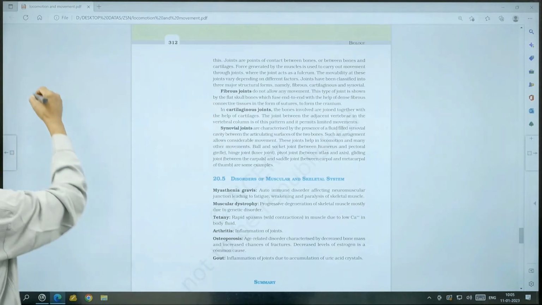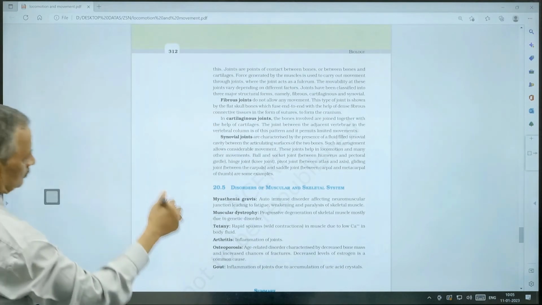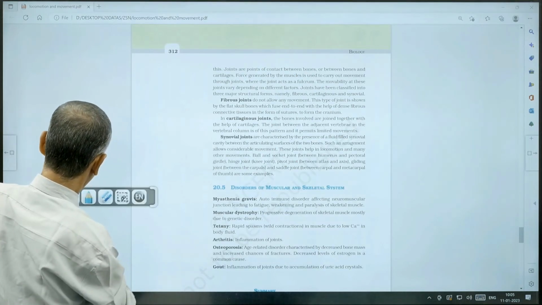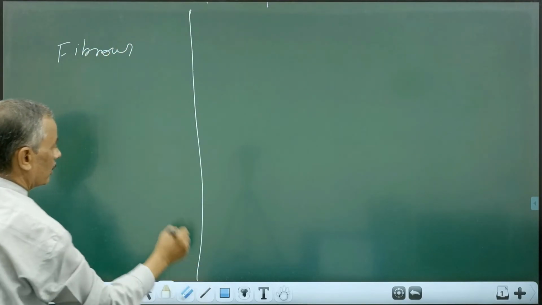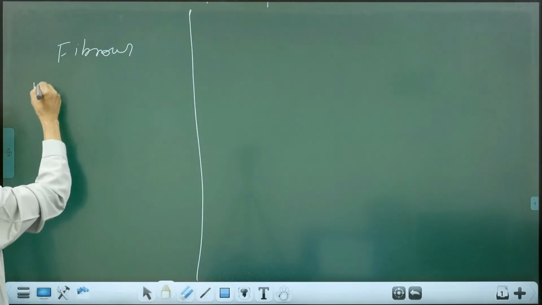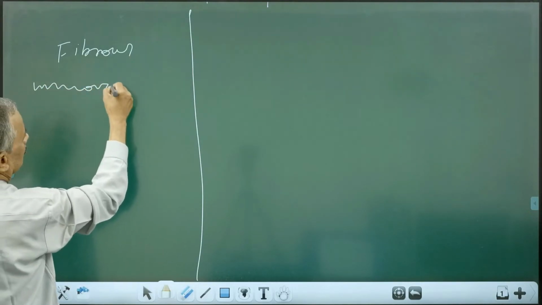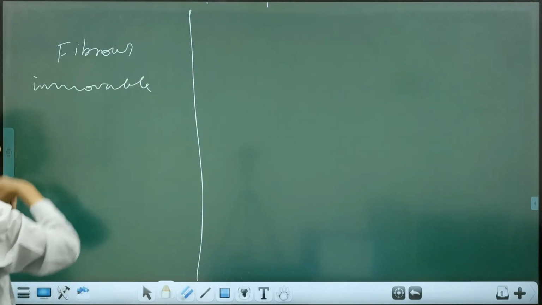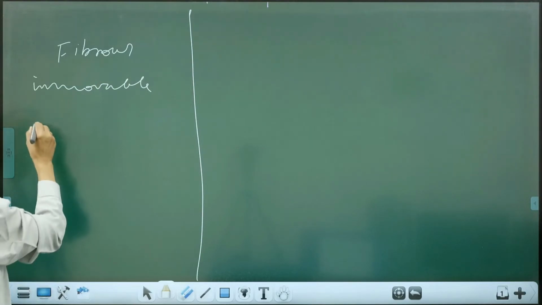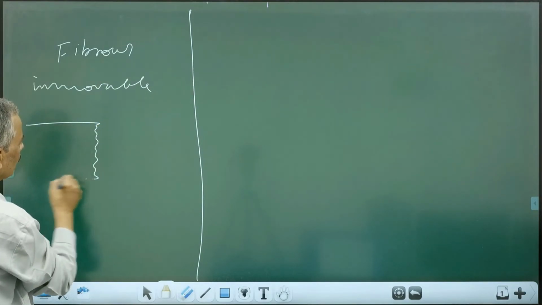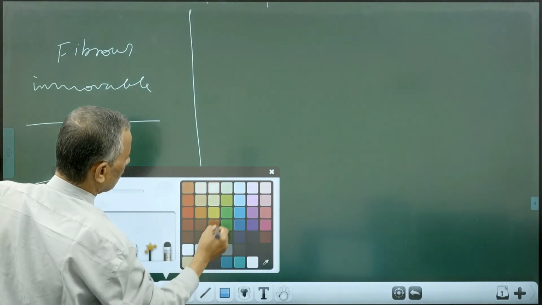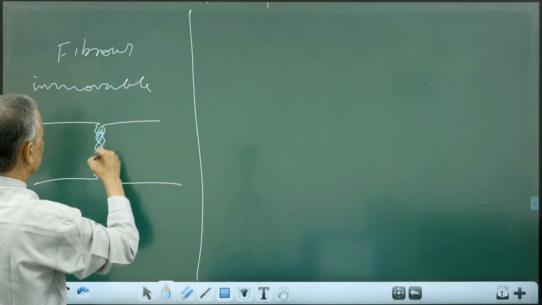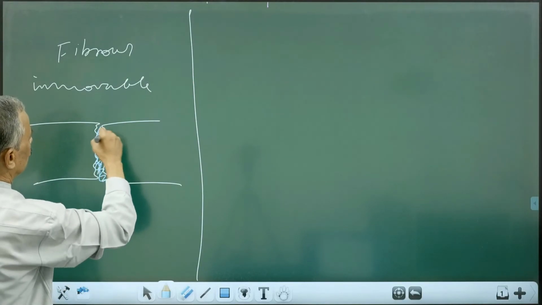See, what is a fibrous joint? A fibrous joint is an immovable joint. No degree of movement is possible because the two bones are connected together with the help of fibrous connective tissue in between.